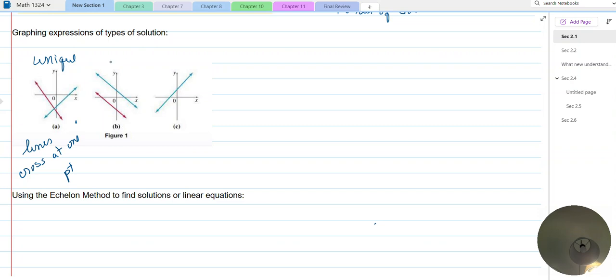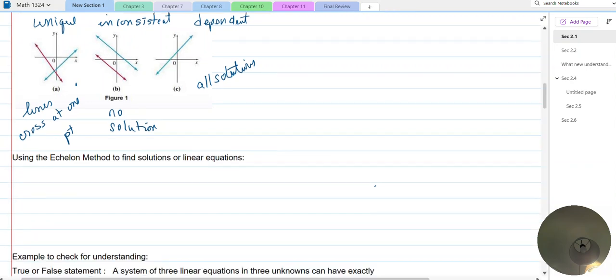No solution, which was inconsistent. Dependent, which means they're both the same line. Sometimes in life, a picture is more impressive to the brain and recall. And that's what you need, is that recall capability.